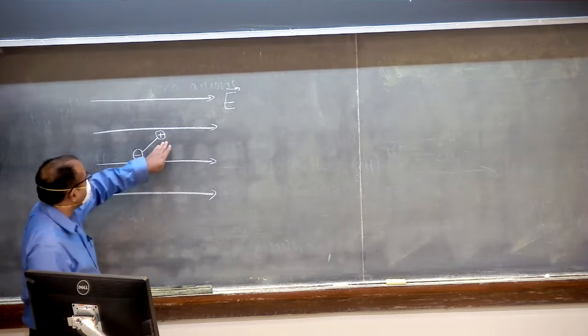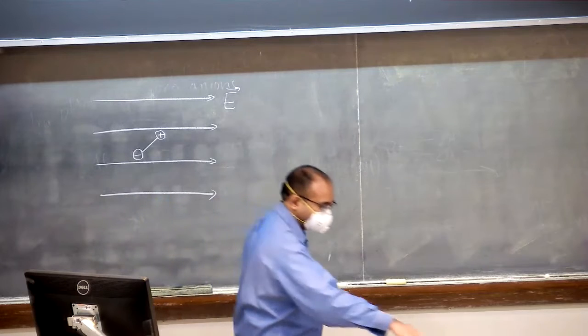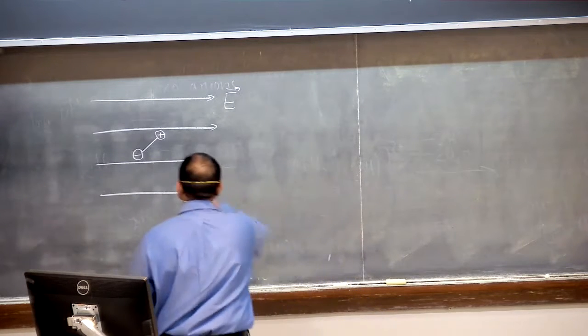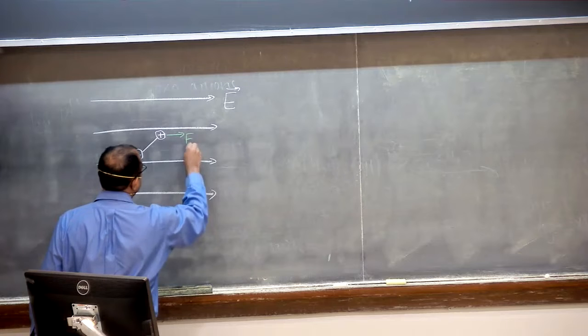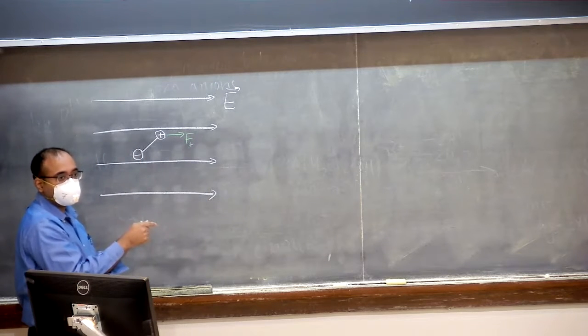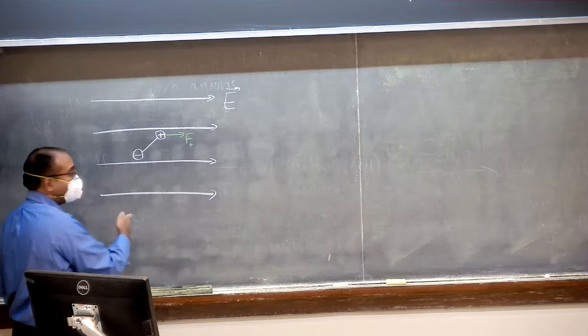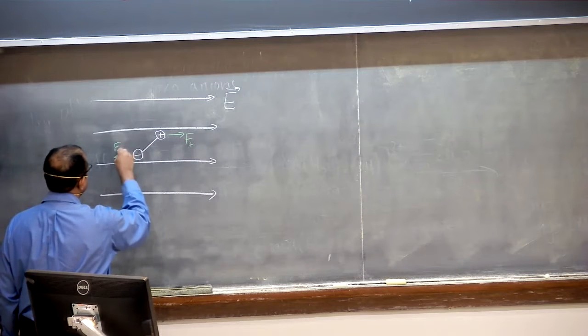turn, right? And we can see that because if we look at the force on this positive charge, the force on the positive charge would be this way, right? And the force on the negative charge, remember F equals EQ. So if you have a negative charge, the force will be in the opposite direction to the electric field. So the force would be this way.